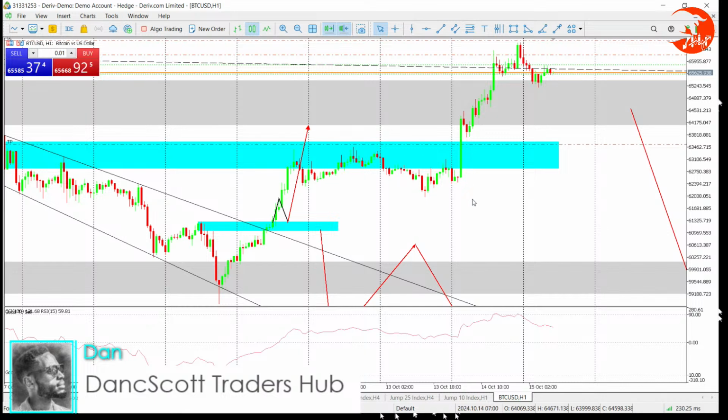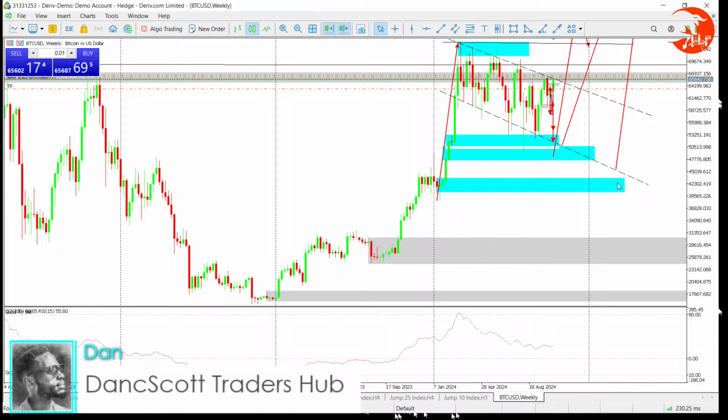It actually consolidated later on around that area, and we can see that it came to that fair value gap on H1 there. It reacted from that fair value gap, and then it started going back into buys.